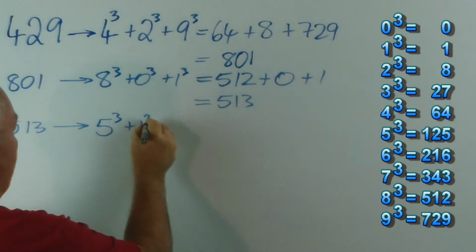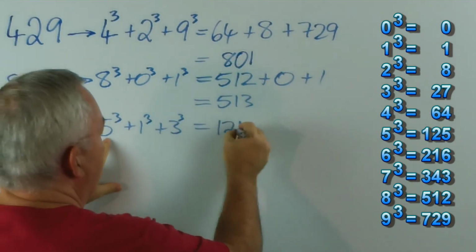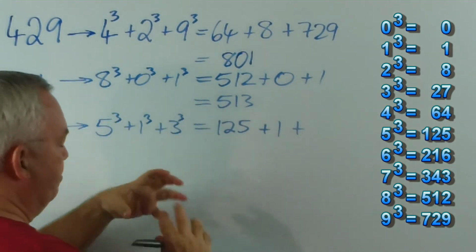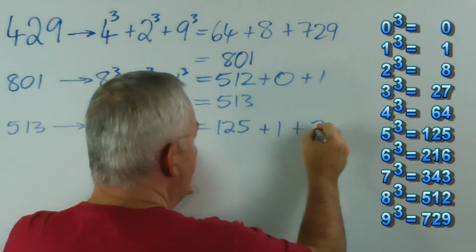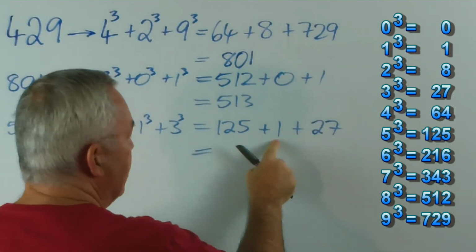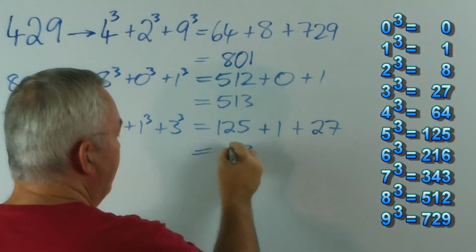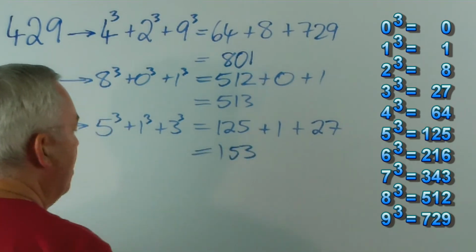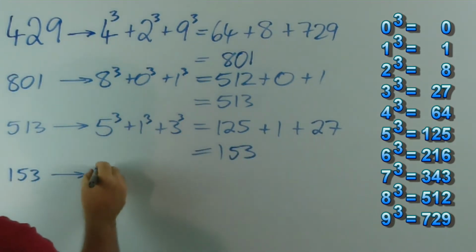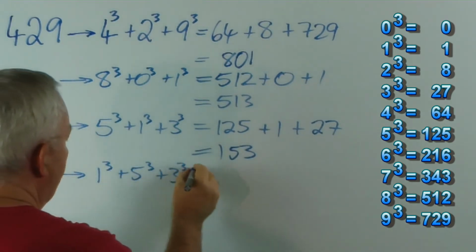5 cubed plus 1 cubed plus 3 cubed. 5 cubed is 125. 1 cubed is 1 and 3 cubed, that's our Rubik's Cube number, 27. If we add these up, we get 7 and 1 is 8, and 5 is 13, carry the 1, 3, 5 and 1. And then I get 153, and we pull it apart, 1 cubed plus 5 cubed plus 3 cubed.